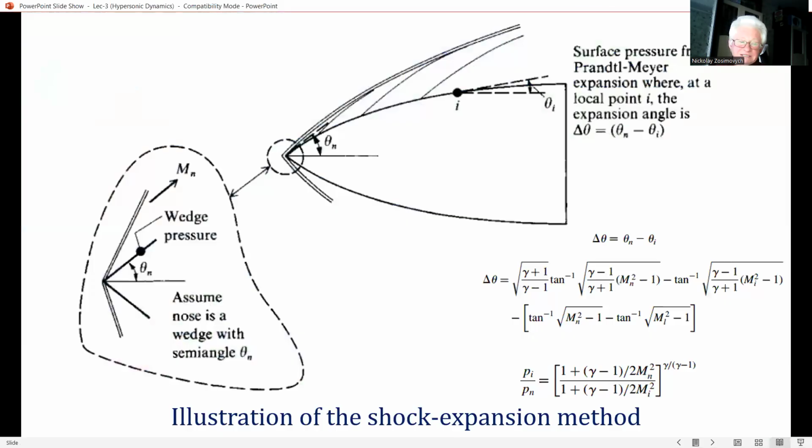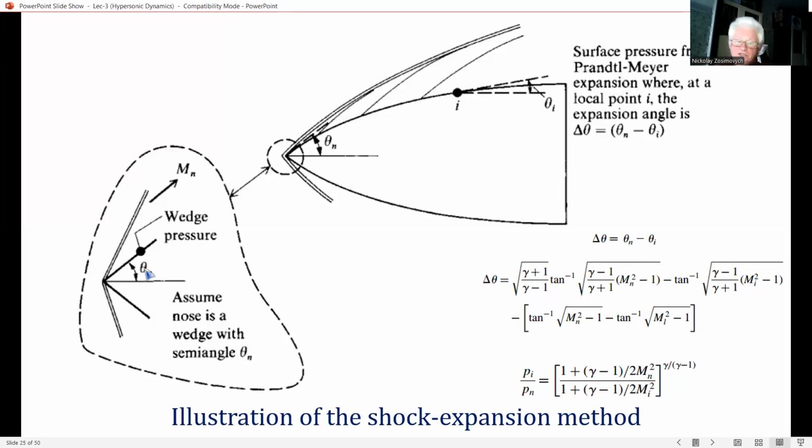So, consider the hypersonic flow over a sharp nose two-dimensional body with an attached shock wave at the nose, as sketched in this slide. The deflection angle at the nose is theta m, okay?